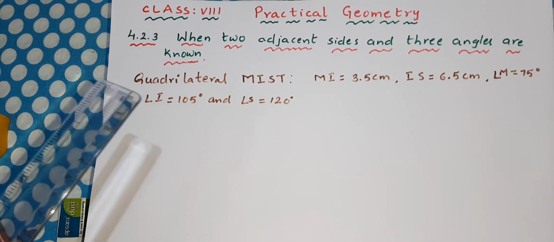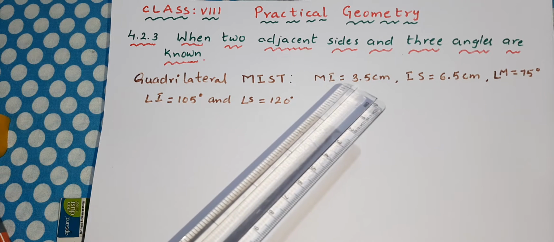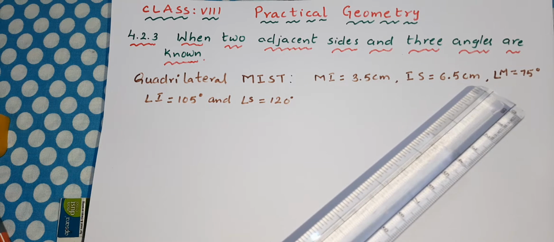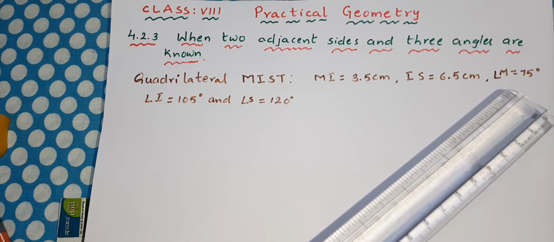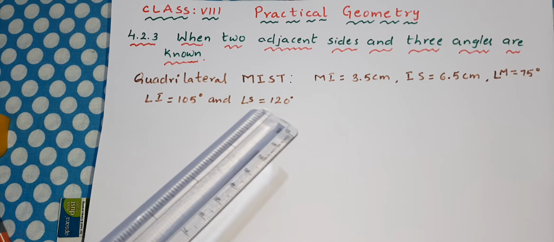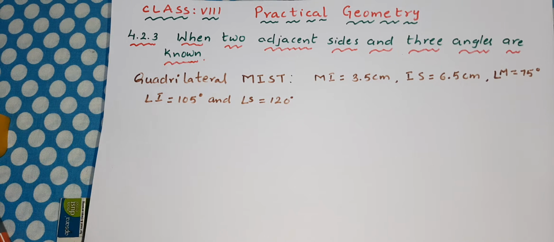Let us construct quadrilateral MIST where MI is equal to 3.5 centimeter and IS is equal to 6.5 centimeter. Angle M is equal to 75 degrees. Angle I is equal to 105 degrees and angle S equal to 120 degrees. So before going to do the construction, let us draw a rough diagram.